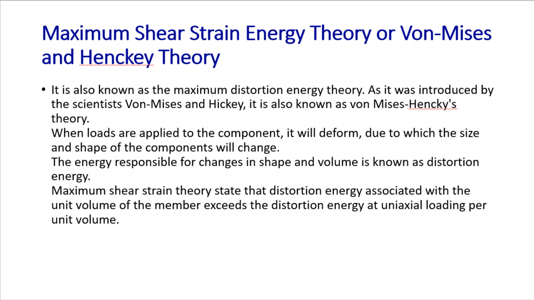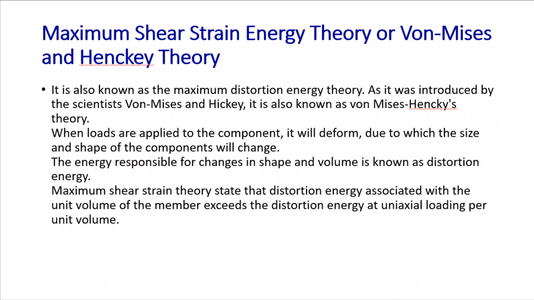The maximum shear strain theory states that failure occurs when the distortion energy associated with the unit volume of the member exceeds the distortion energy at uniaxial loading per unit volume at failure.